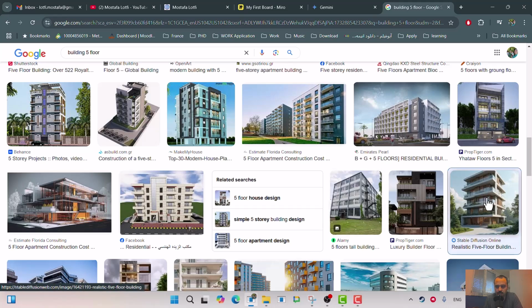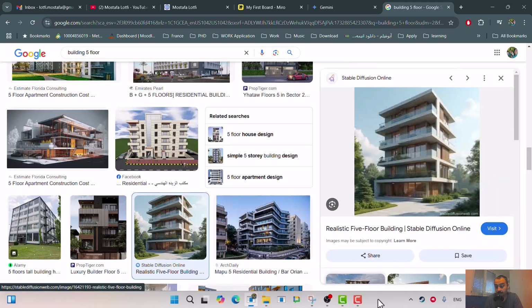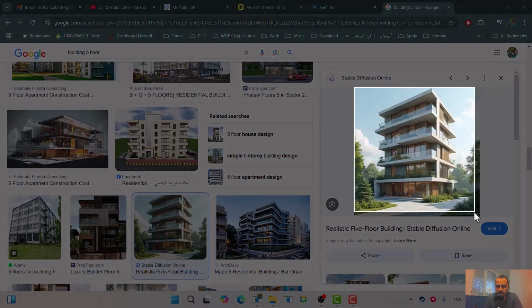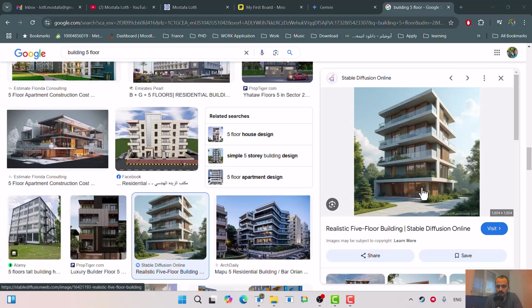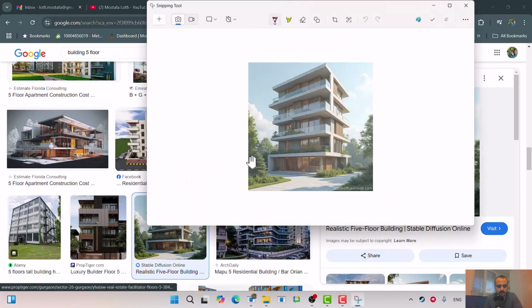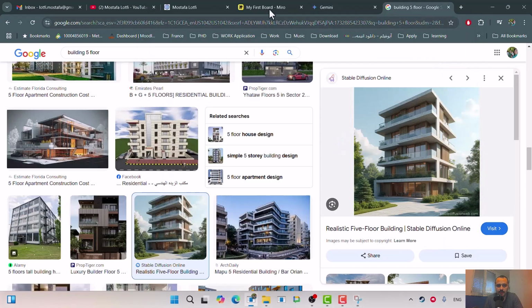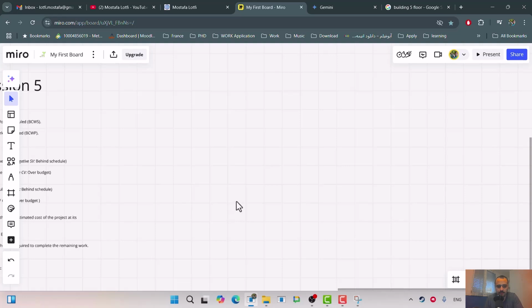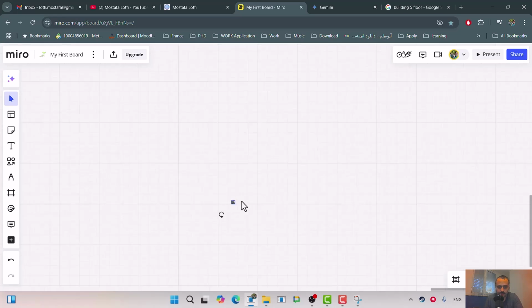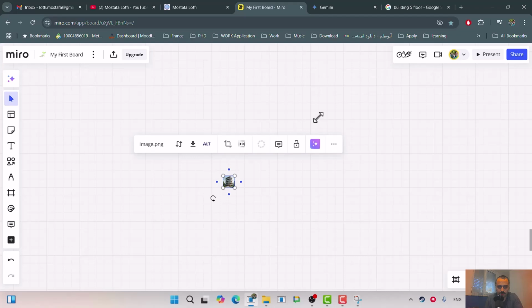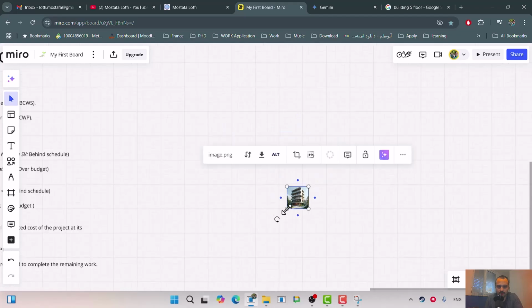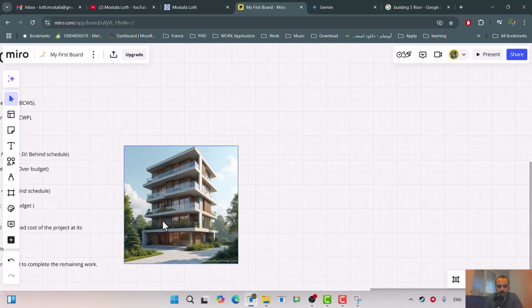Maybe this one. Maybe this is our building, right? Let me copy it and paste it here. It's very small, so let me make it a little bit bigger.